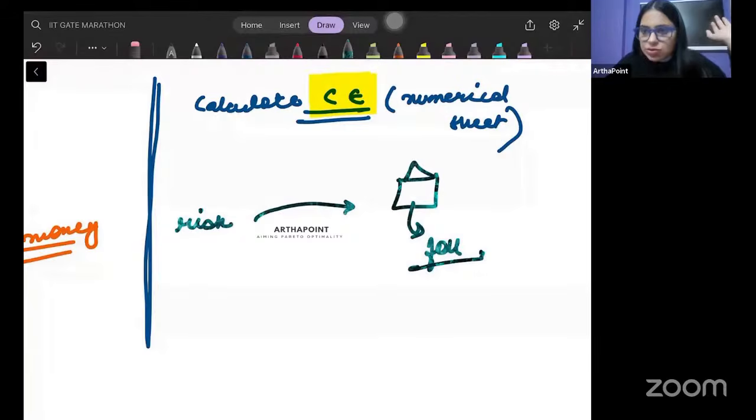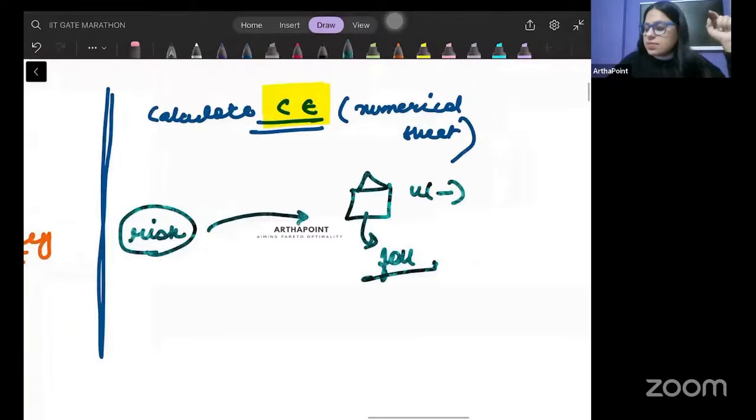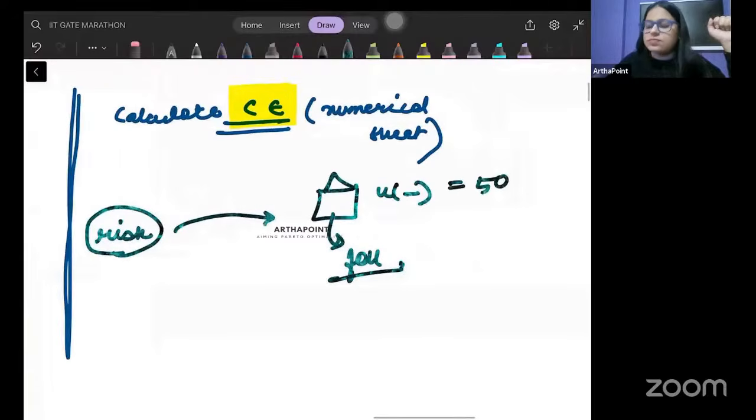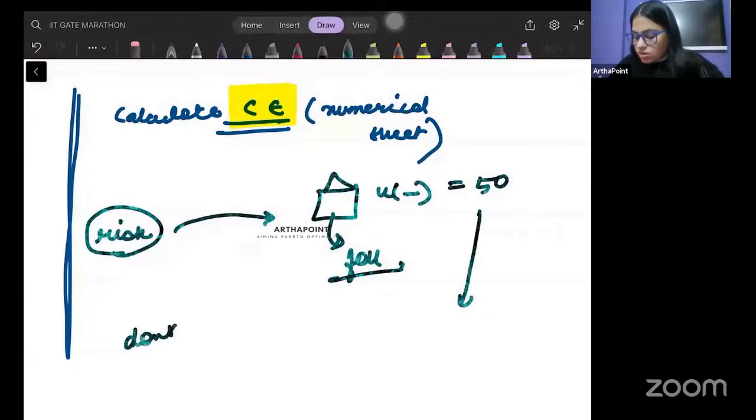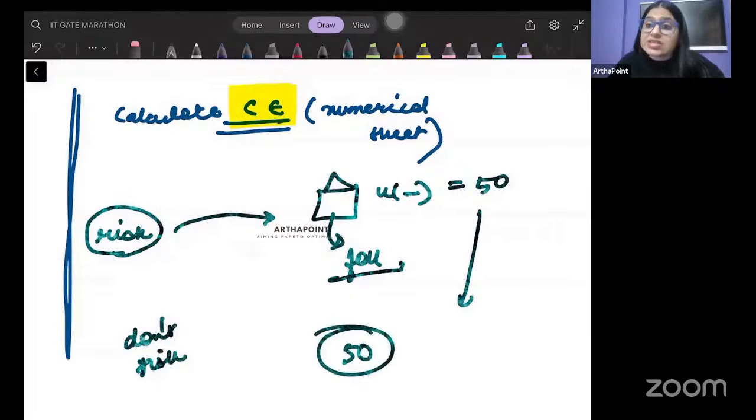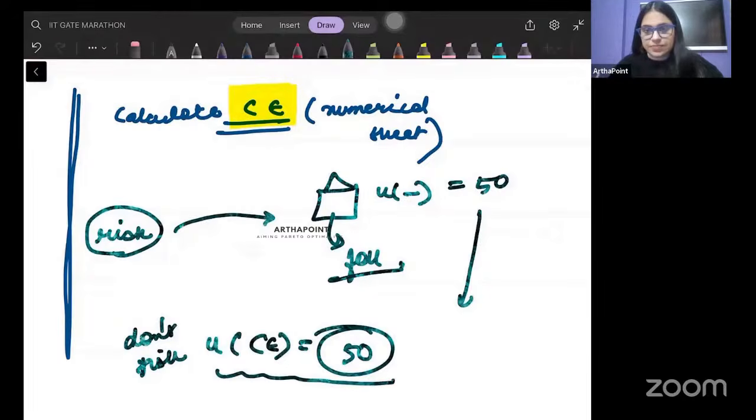Still I went into this house. So when I am taking risk, I am getting some utility, say 50. There may be a corresponding situation when I don't take risk and I get the same level of utility. What is that money which will give me the same level of utility as this? That is what certainty equivalent says.